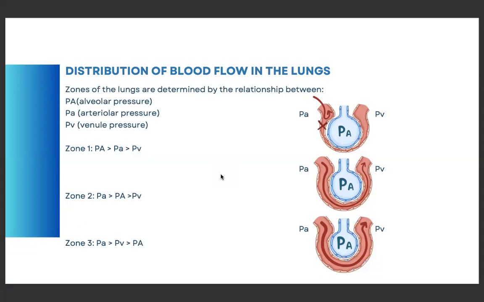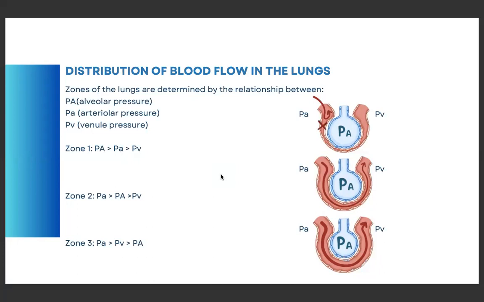It's not having any issues because that pressure is higher than the alveolar pressure. But when you go a bit to the right side of the image, that's where your venule pressure comes into play. As it's lower, it will slightly get crushed, but the blood coming in from the arteriolar side has a really high pressure, so it's going to help it open up a tiny bit. So it's not going to be fully open, but it's just going to be opened a tiny bit.